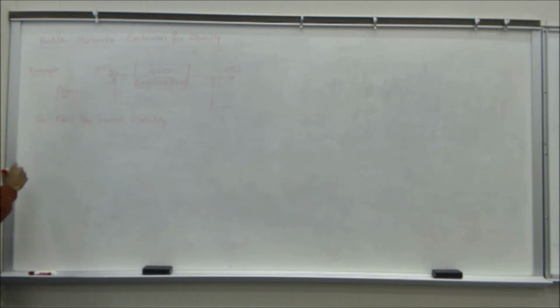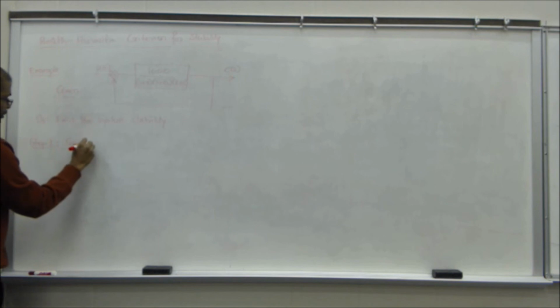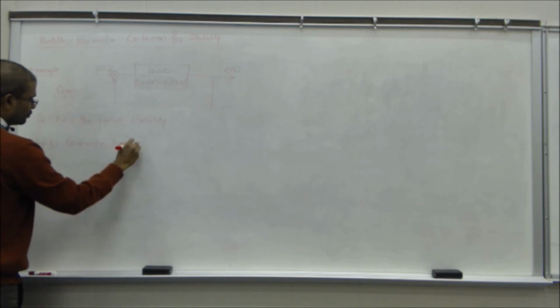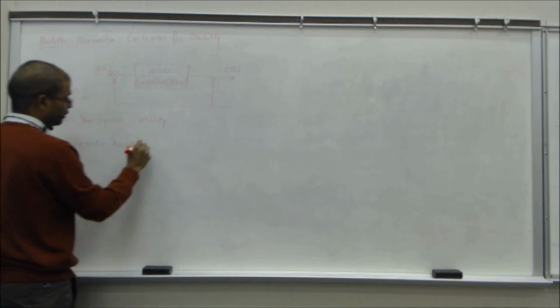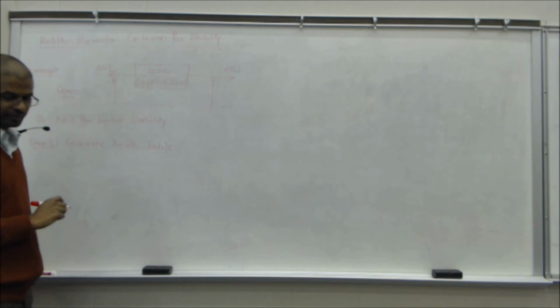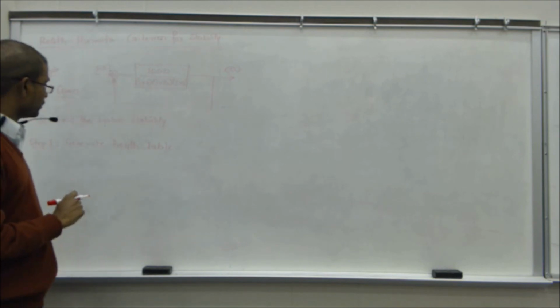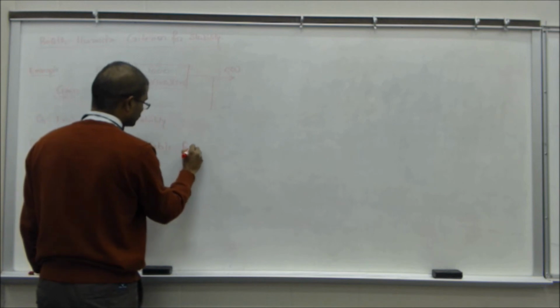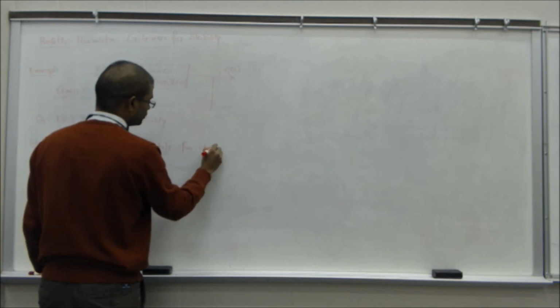So when you're answering, your step 1 would be to generate the Routh table for the closed loop transfer function.